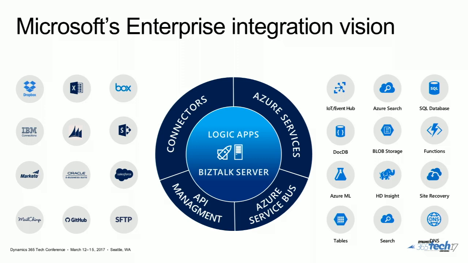When we recommend hybrid cloud in terms of integration, we recommend Logic Apps plus BizTalk. We really don't recommend replacing Logic Apps with BizTalk or BizTalk with Logic Apps. We see that both work together better, a better together kind of scenario.